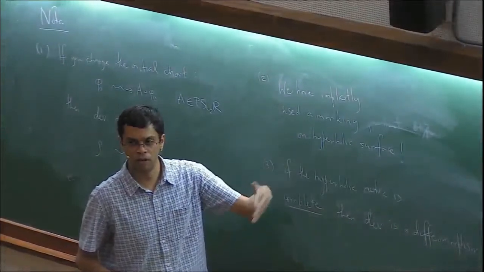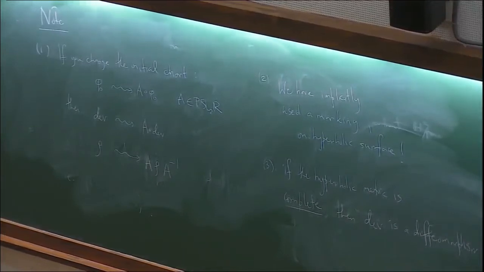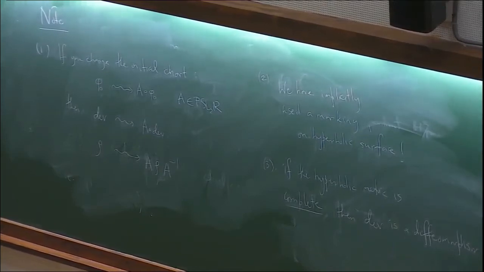We kind of did it the other way around, but it's not hard to check that if something is complete, you can lift paths from H2 to here. So you can continue paths.